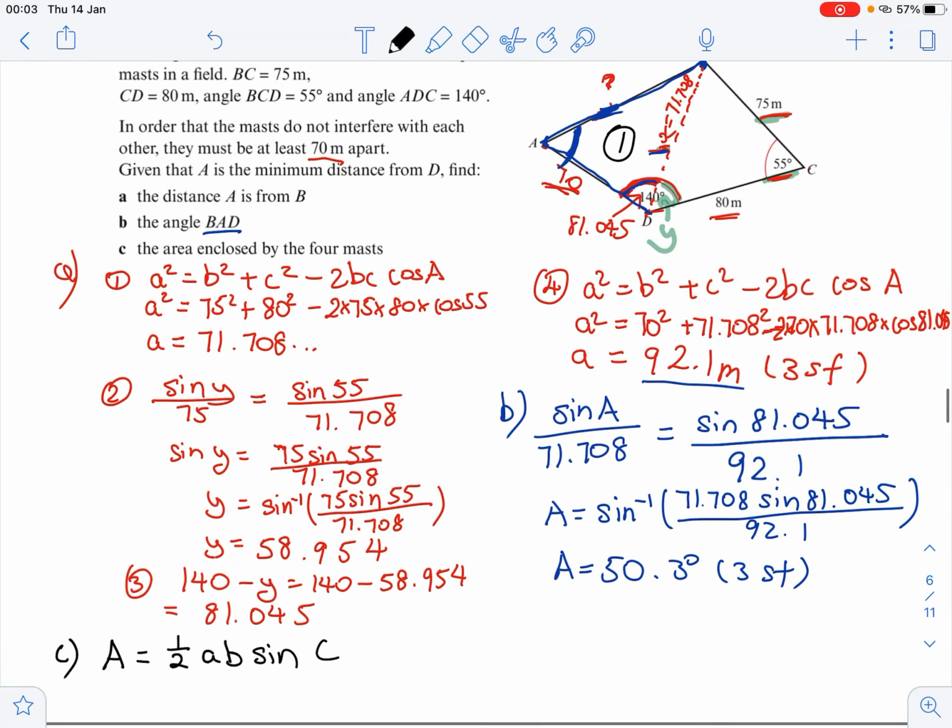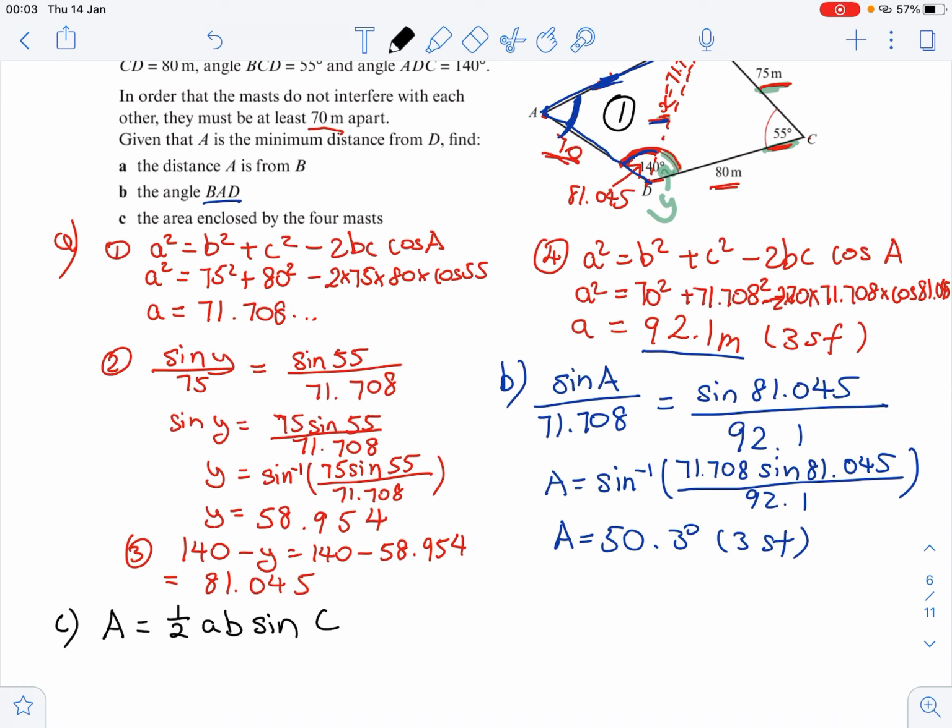We have the area is equal to half, the first length is 70, length b is 71.708, and sin C, where C is the angle in between, is 81.045.